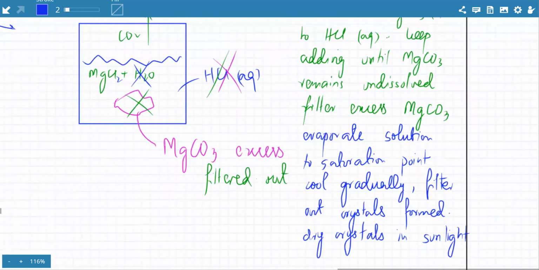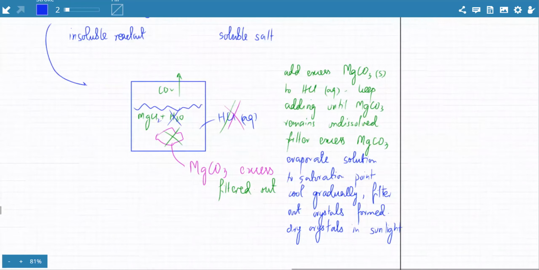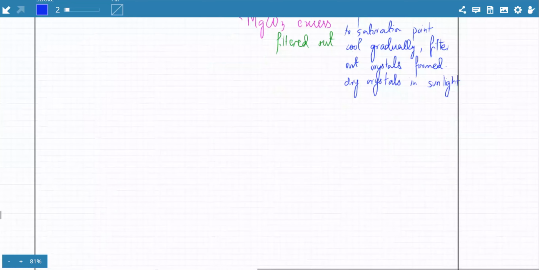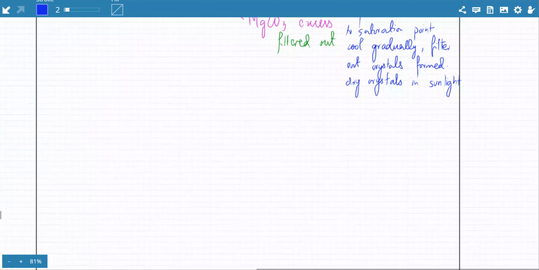Achha, in sunlight. So now what you have to do is try making another salt, same method. Let's say you try and make Fe iron nitrate, pure dry crystals.